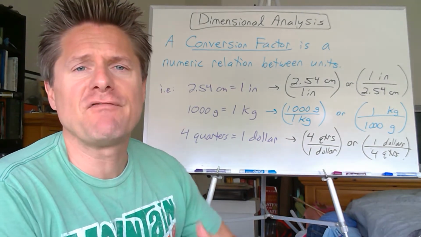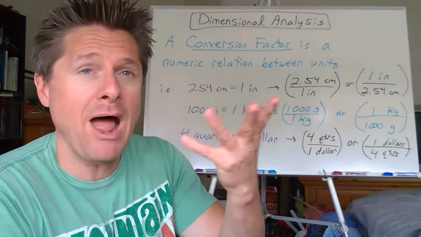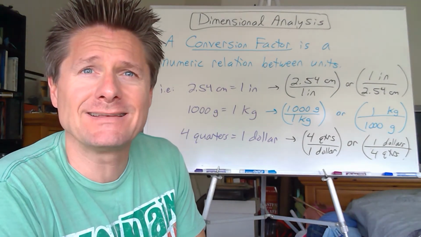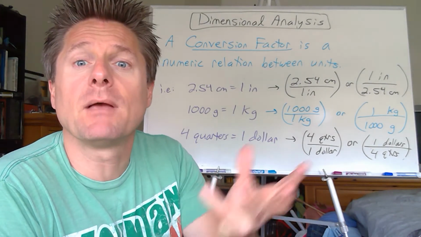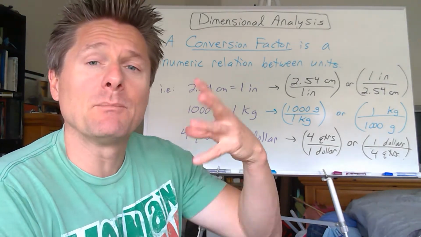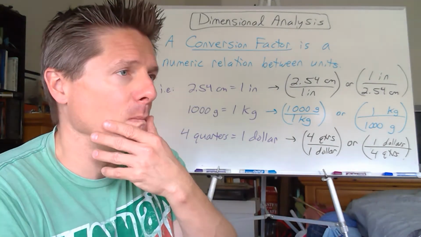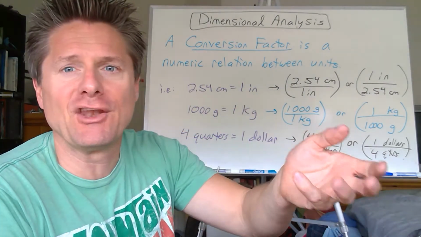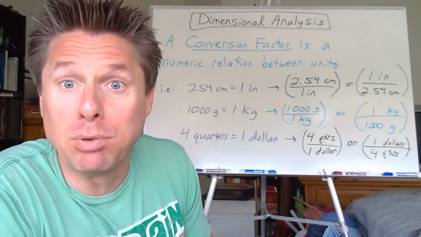Sometimes you'll get a conversion factor that's specific to a problem. So maybe you're doing some problem that is looking at some substance in your blood, right? And it wants to measure, there's some conversion like the number of red blood cells per pint of blood.